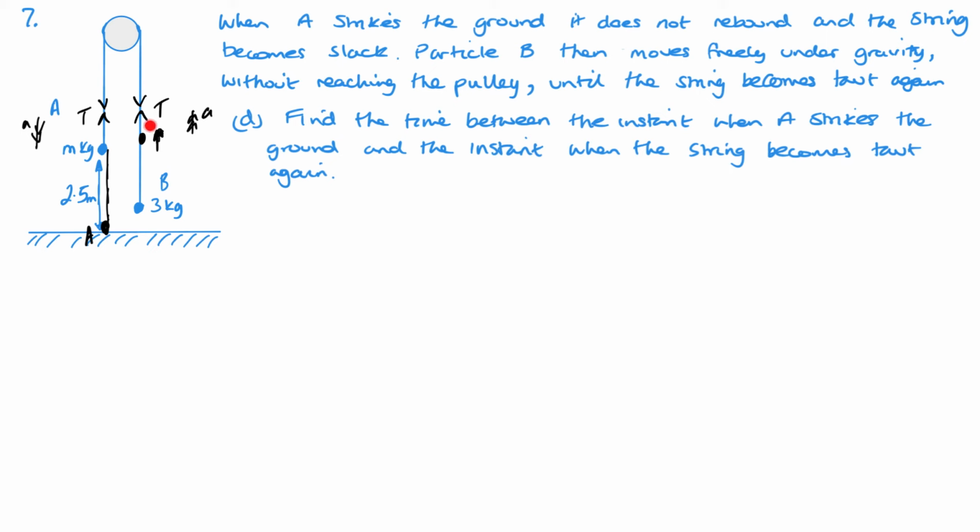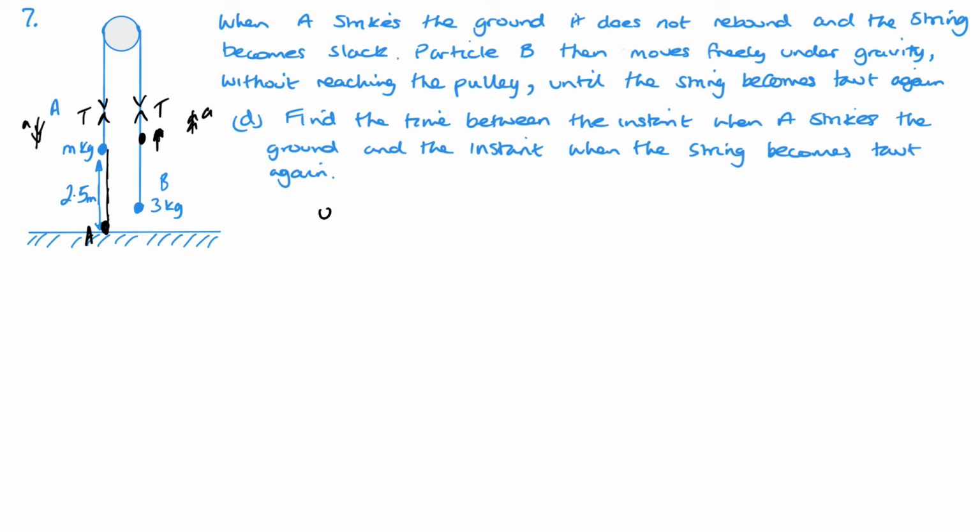It's going to reach a point where its velocity is 0, and then it's going to drop back down. So the time taken to get up to that point is going to be equal to the time taken to get back down, where it will then make the string taut again as it hits there. So we want the time in one direction and then doubled to get our final answer.